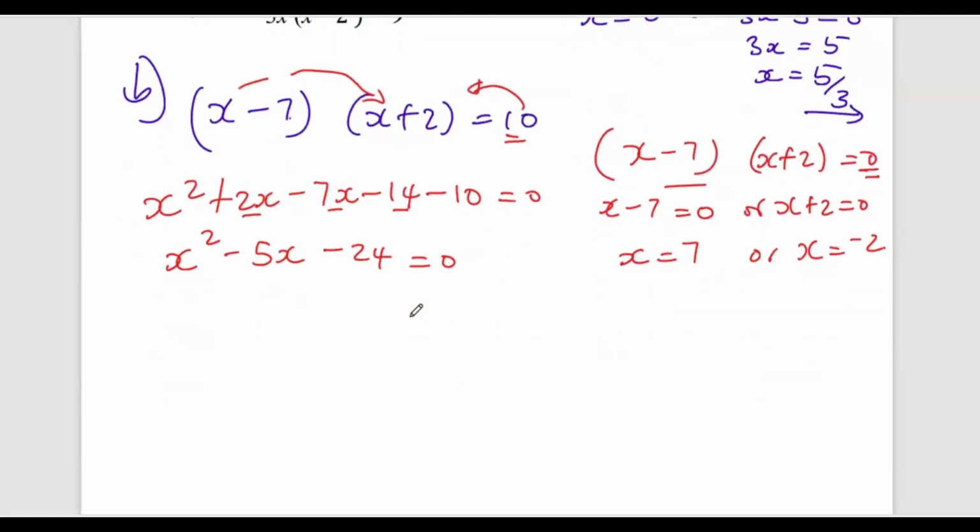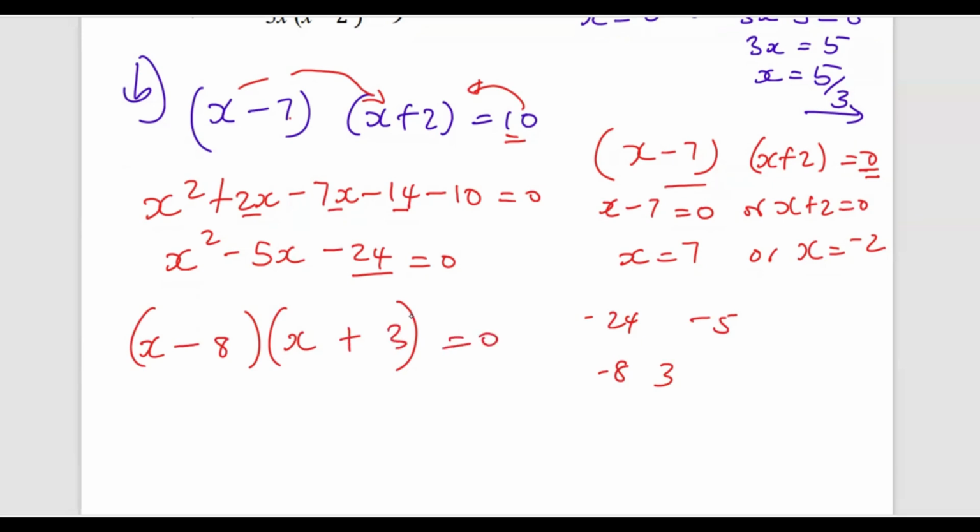And then from that part, we need now to factorize. Do not get tired, guys. Factorize that. So I have x and x. My product is negative 24. My sum is negative 5. Which numbers are those? I can use 8 and 3. Negative 8 and a 3. So say (x minus 8)(x plus 3) is equal to 0.